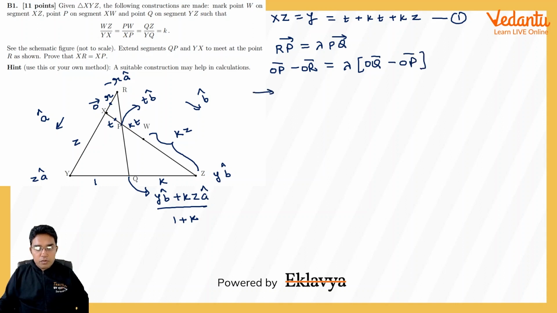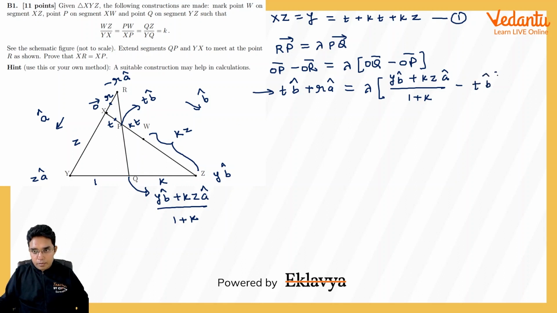So let us put these position vectors one by one. OP is t b cap, OR is minus r a cap, so minus minus plus r into a cap is equal to lambda times OQ, which is (y b cap plus kz a cap) upon (1 plus k), minus OP, and OP here is t b cap.